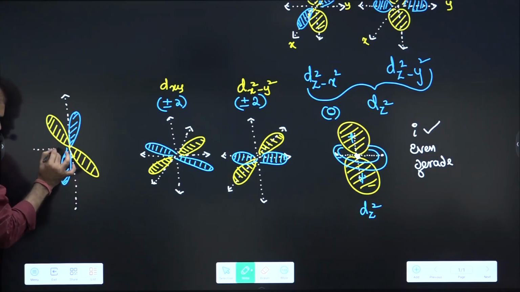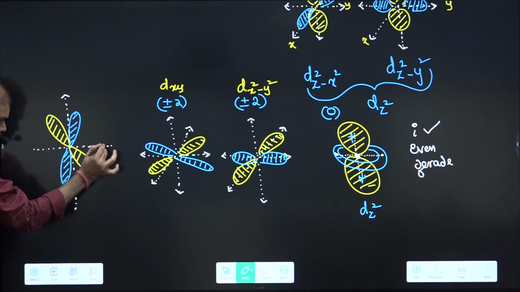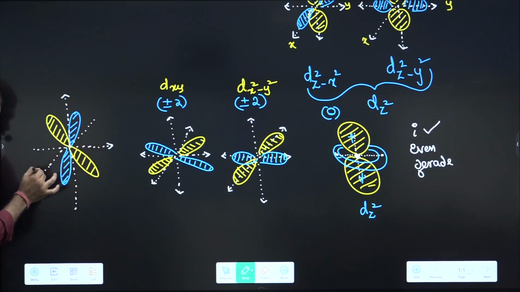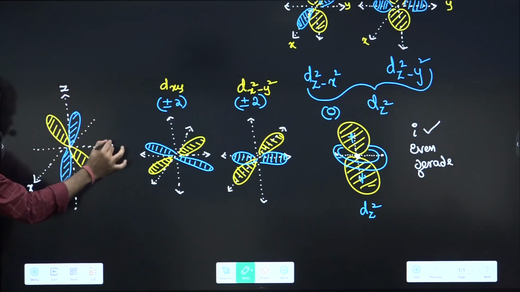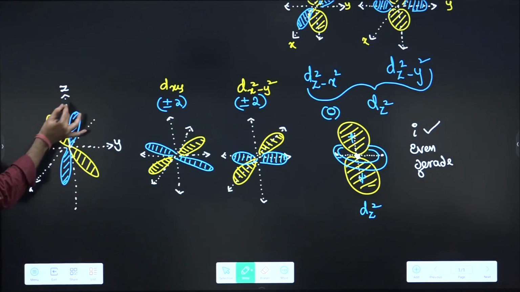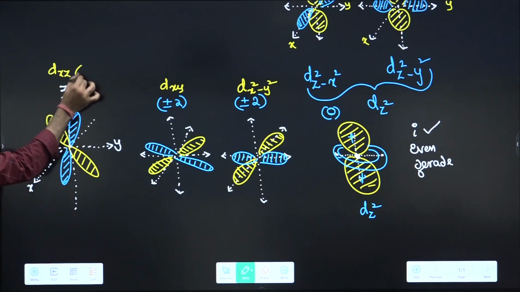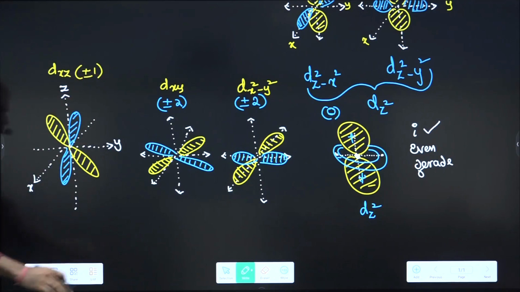Because understanding the orientation of d orbitals is important. This is inorganic. We will be having d block elements and transition metal complexes. So which orbital is this? The lobes are present between x and z. So this is dxz. h by 2 pi orbital angular momentum value is plus or minus 1.